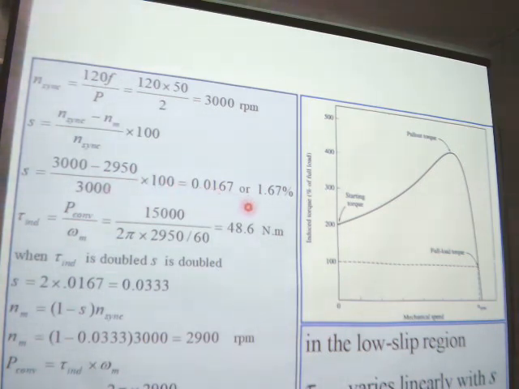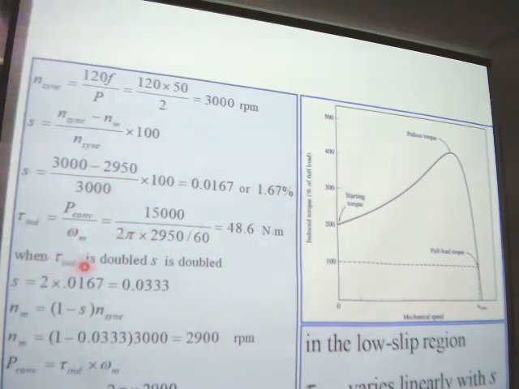Easy. Only the slip is small, 1.6, and the torque uses the power divided by omega, the speed. So we know it's 15 kilowatt. Let's use this equation. Easy to calculate the torque.